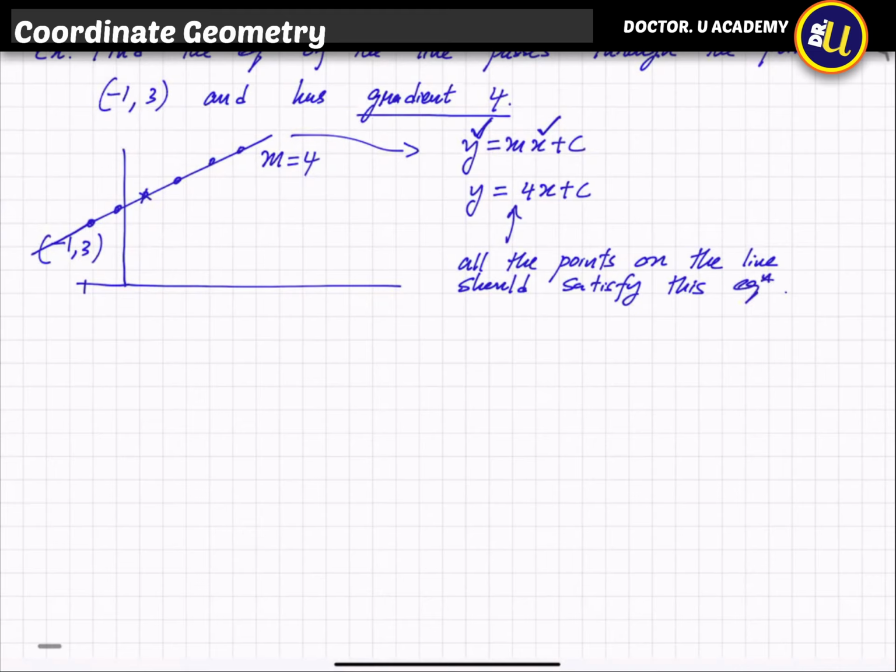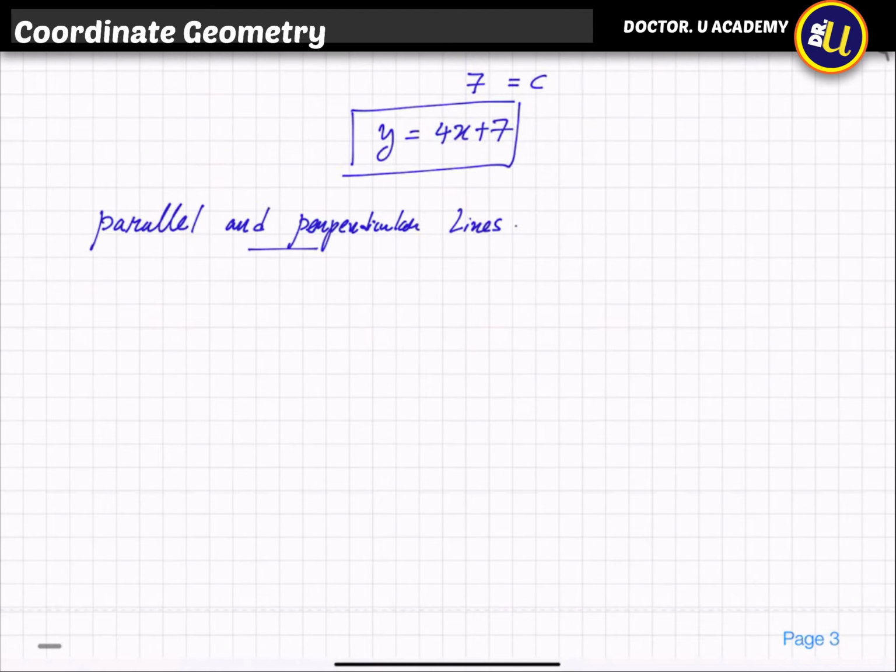So you have to plug the coordinate into the equation. The y value would be 3, equals 4 times the x value minus 1, plus c. So you need to find c. This is going to be minus 4, and c is going to be 7. Accordingly you find y is equal to 4x plus 7, and that would be the answer.